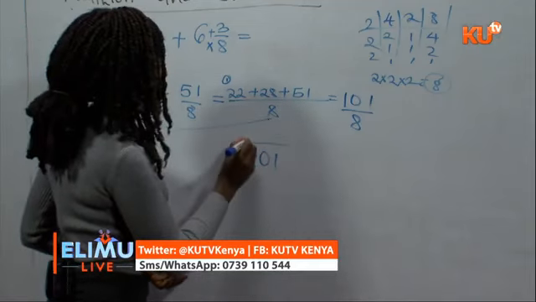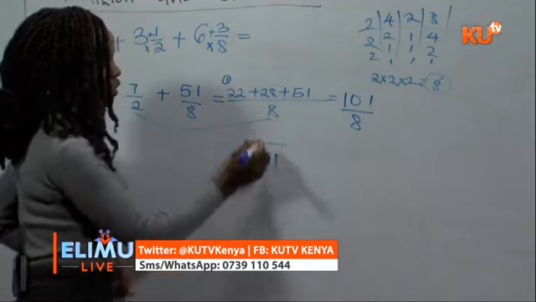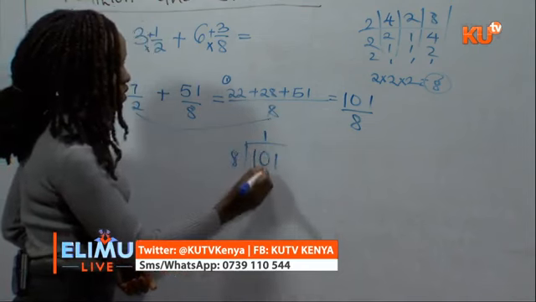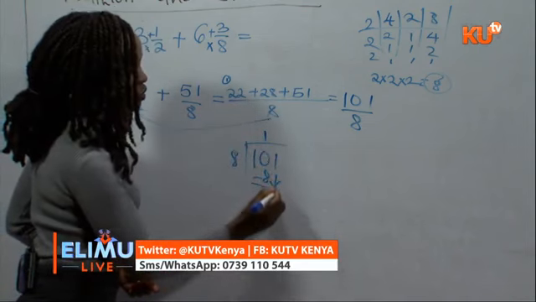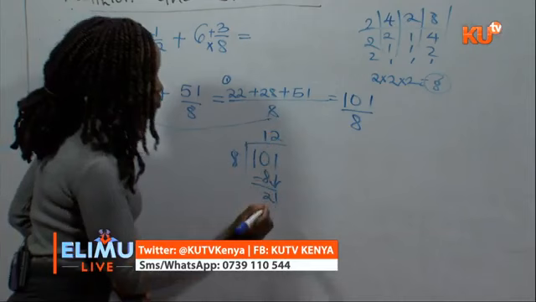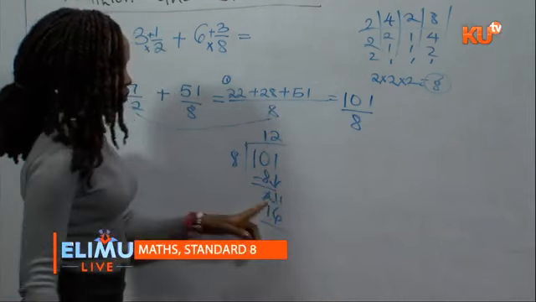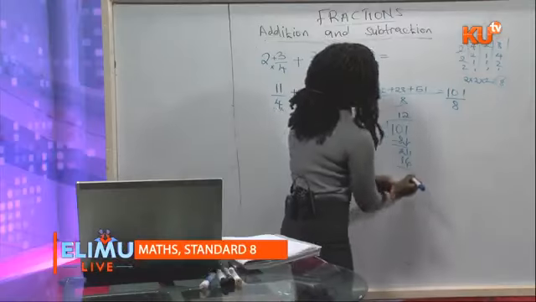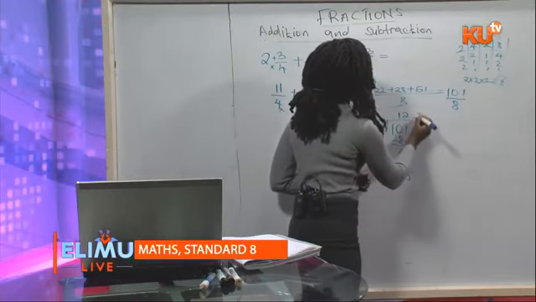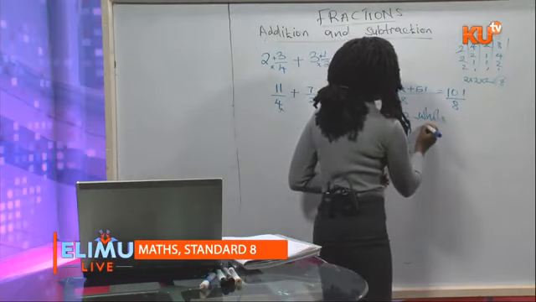You can use the long division method. 8 will go here once because of 8. We subtract to get 2. We drop 1, twice because of 16. 11 minus 6 is 5. So 12 is going to be our whole number.